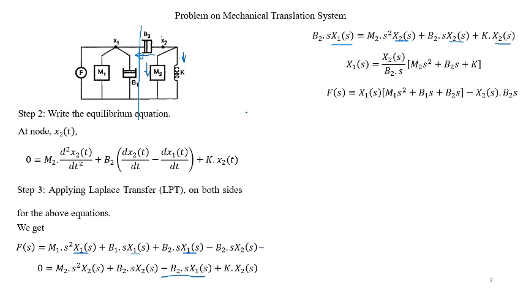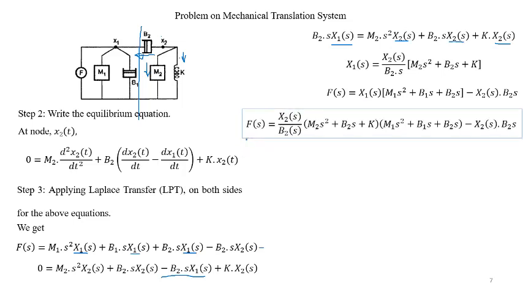So when we substitute x1 of s in this equation, what we get? We get F of s equal to x2 of s by b2 s bracket m2 s square plus b2 s plus k, and this will remain same: m1 s square plus b1 s plus b2 s, minus x2 of s into b2 s.